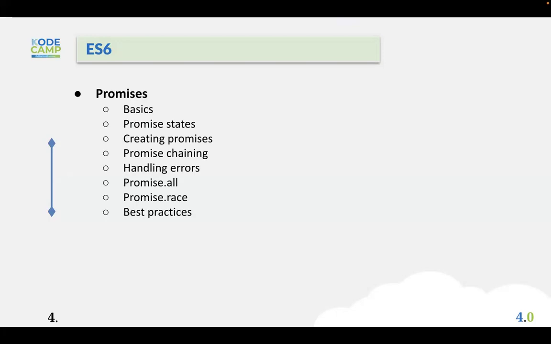What this method normally does is take in an iterable of promises, that is either an array or any object with a symbol for iteration, as its argument and returns a single promise.